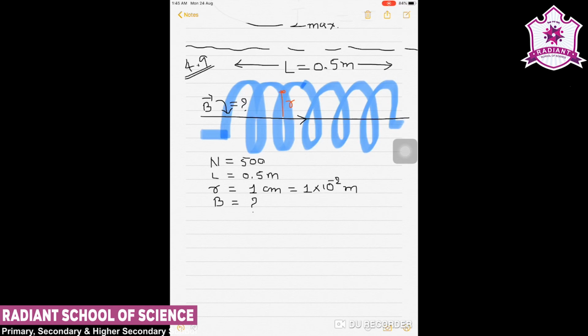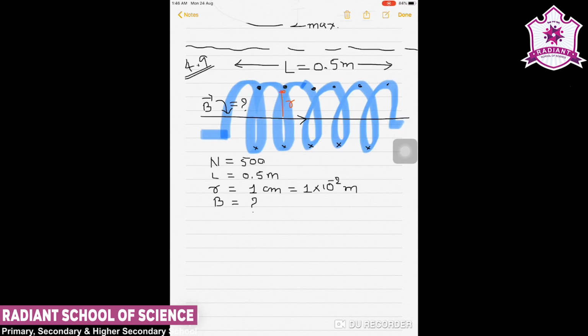Now if we consider that this blue loop is a solenoid of length 0.5 meter, through which the current is flowing in the anti-clockwise direction, such that at the upper part of this loop it is directed outside, and at the lower part of the loop the current is going inside.